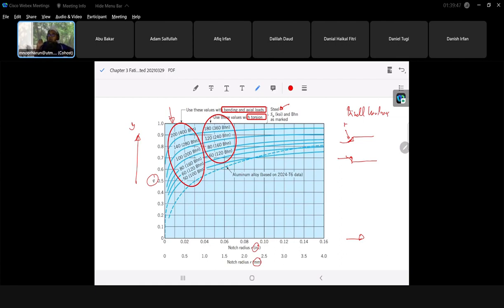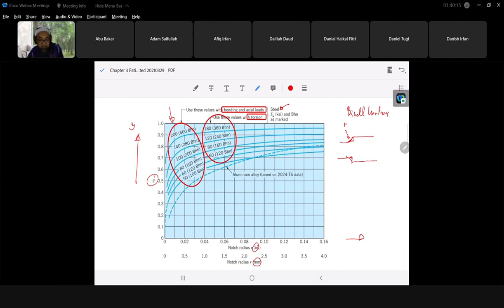If you see in your table, there's no red circle, so this red circle you have to do in your data book too. You just do the circle. This is used for bending and axial. For torsion, use this other value.